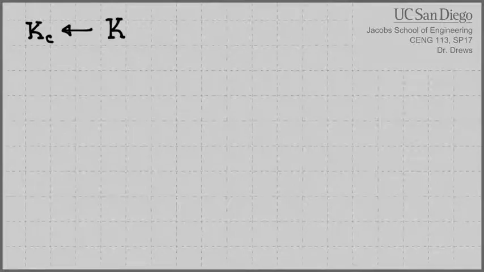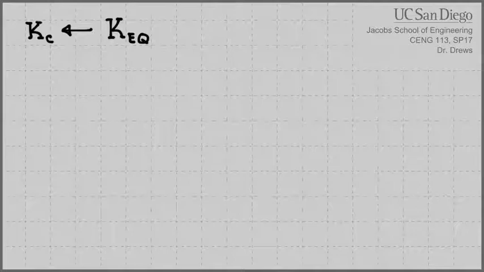In order to do that, like I said, today we're going to start off with one half of that. In order to get to K sub C, we first have to get the more general, what is called K sub EQ, which is the equilibrium constant, no subscript.